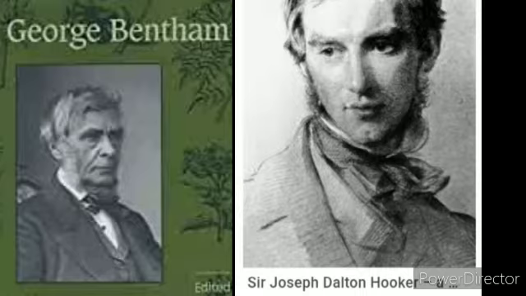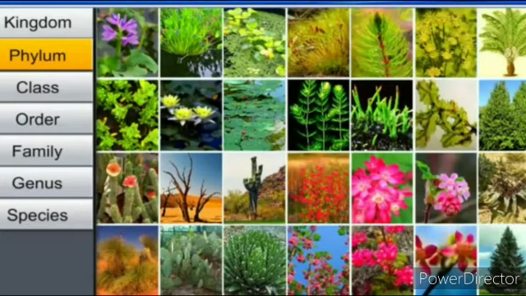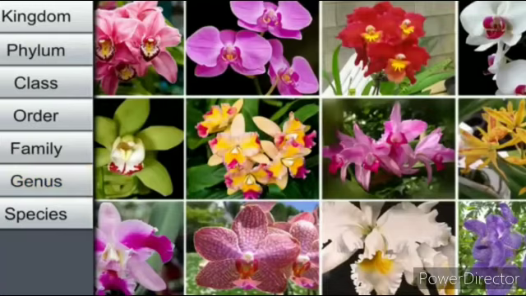At present, phylogenetic classification systems based on evolutionary relationships between the various organisms are acceptable. This assumes that organisms belonging to the same taxa or group have a common ancestor.